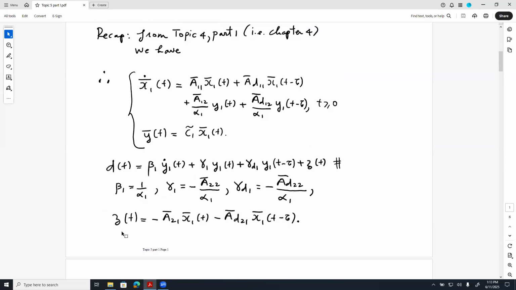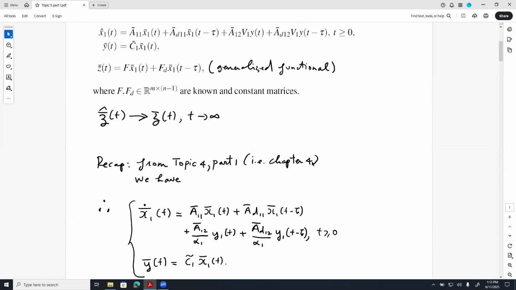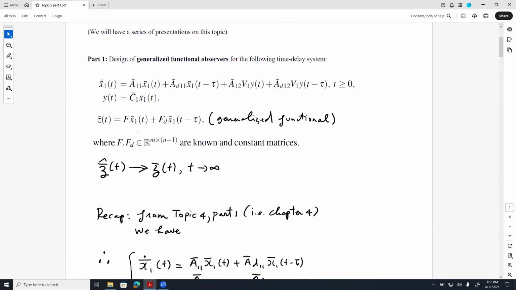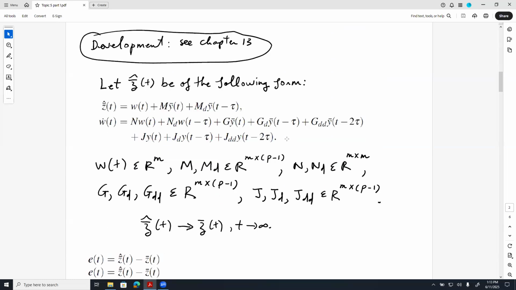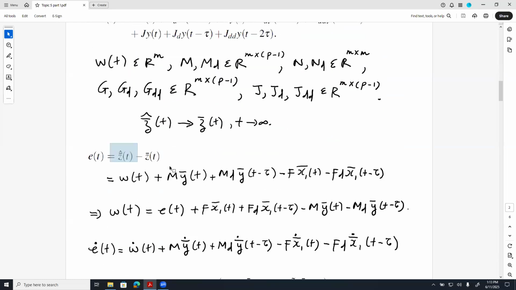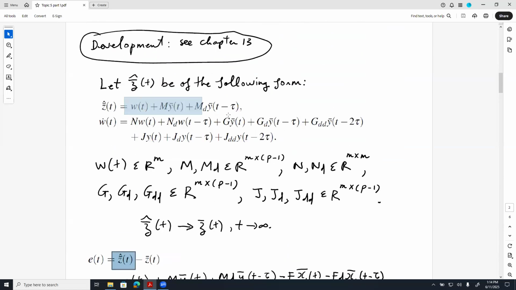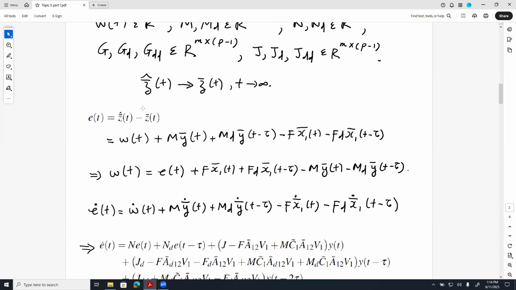In this particular decomposition, there is only one, but the theory we develop here is for multiple generalized functionals. So we define the error vector, which is the difference between the two of them, and that is straightforward because we already proposed the structure for this estimation, which is the right hand side terms there. So we substitute in and subtract the generalized functional, which is basically those two terms in there.